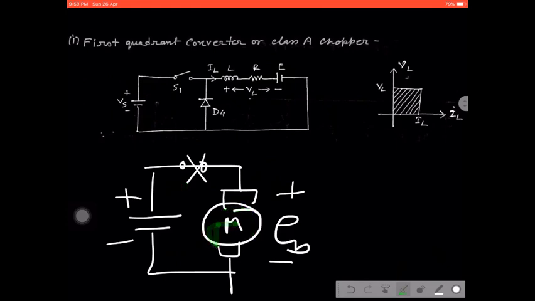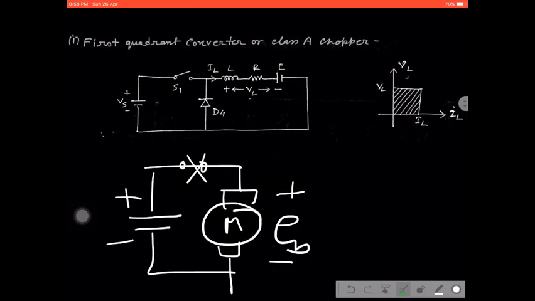That means it continues to produce the back EMF, but there is no relation. Zero voltage can be supplied to the motor, but the motor itself can develop its back EMF due to its high moment of inertia and continue to rotate. That means it has already developed the back EMF inside it. So for this particular circuit, the back EMF is the original voltage, and the motor is working as a generator.